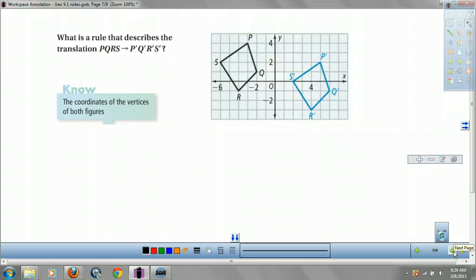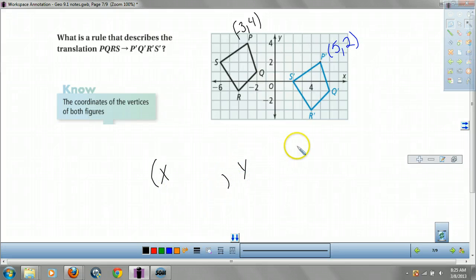Now what rule lets us move P to P prime? Well, the coordinate for P is negative 3, 4, right? The coordinate for P prime would be 5, 2. And our rules can be x plus or minus something, y plus or minus something.